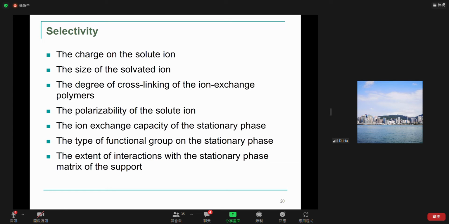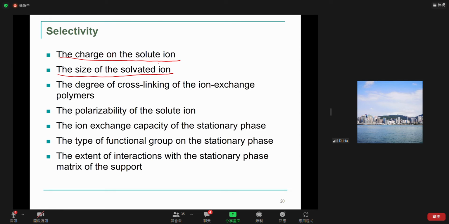Normally we have to consider the properties of the solute ions, the mobile phase ions, and the counter ions. And the most important thing I have to say is charge density, which is the charge on the solute ion, also the size of the solute ion.